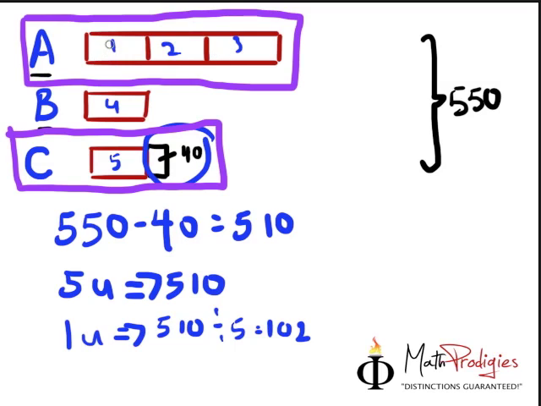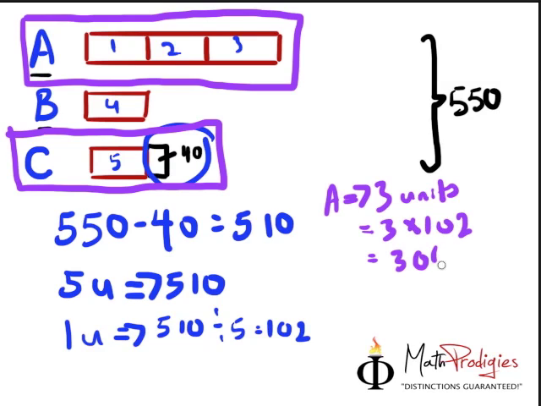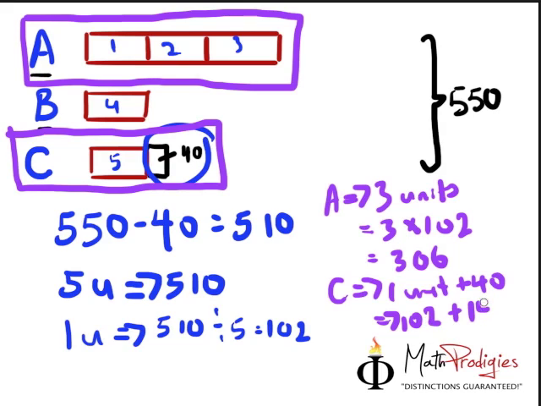Okay, so let's find out what Abigail has first. Abigail has 3 units. And 3 units is equals to 3 times 102, which gives you the answer of 306. How much does Kathy have? Kathy has 1 unit plus 40. 1 unit is what? 102. 102 plus 40 gives you 162.